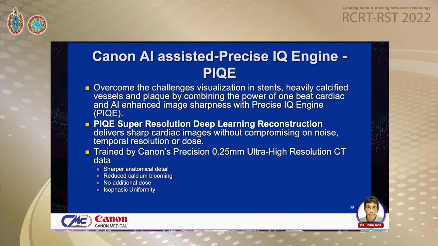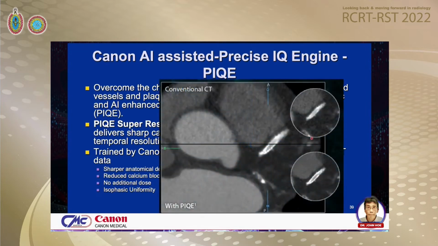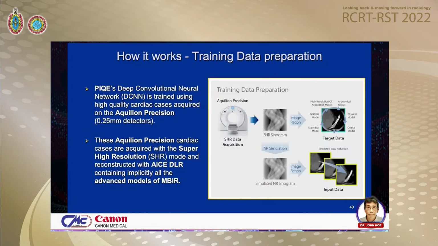And it's been trained on data sets from the new scanner, which has 0.25 mm detectors. So for example, this is conventional CT, and you can see the difference using this new software in the image quality of the stent.